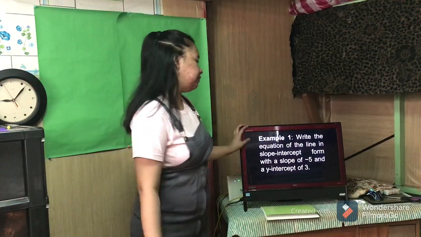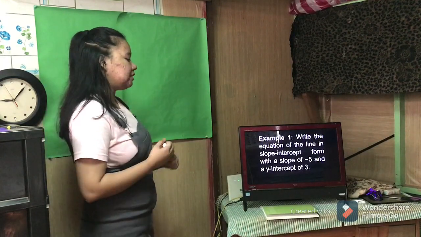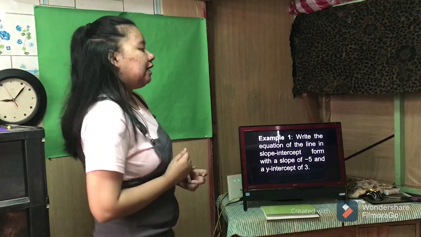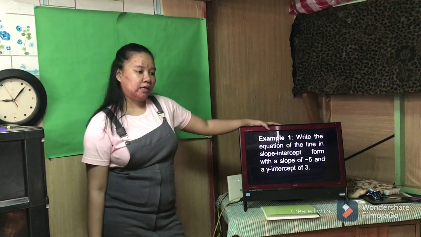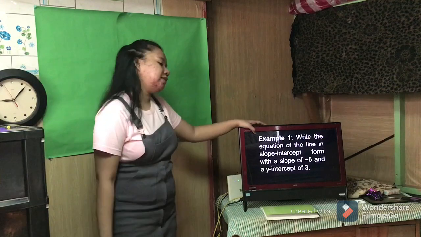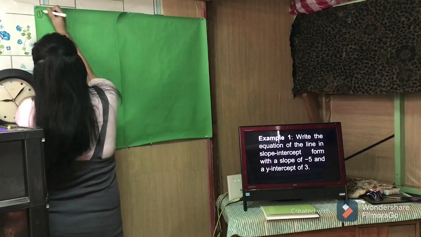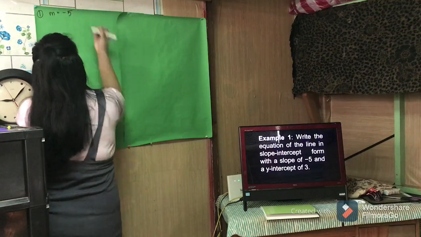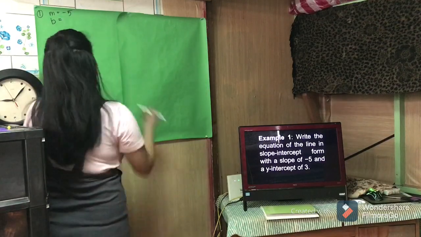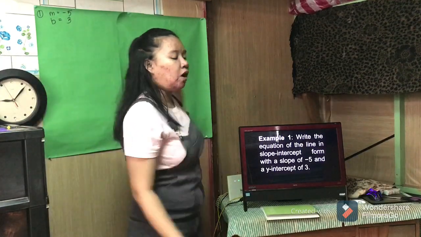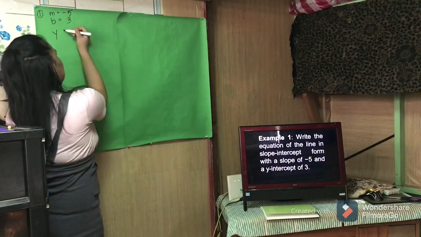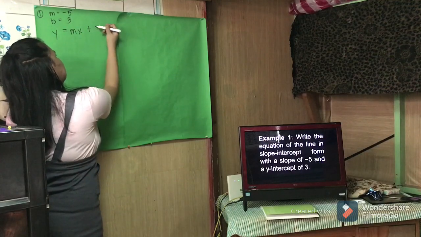Example number 1. Write the equation of the line in slope-intercept form with a slope of -5 and a y-intercept of 3. The needed information for writing an equation in the form y equals mx plus b is given in the problem. Since m is -5 and the y-intercept, which is b, is 3, all we need to do is substitute the given in the equation y equals mx plus b.